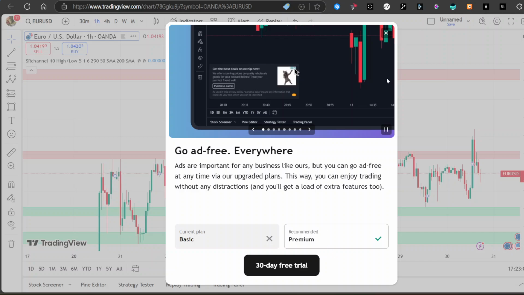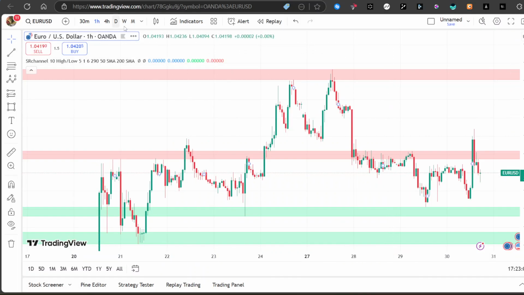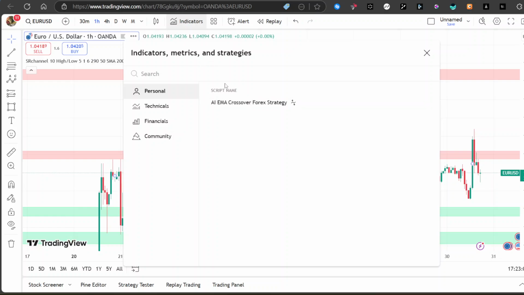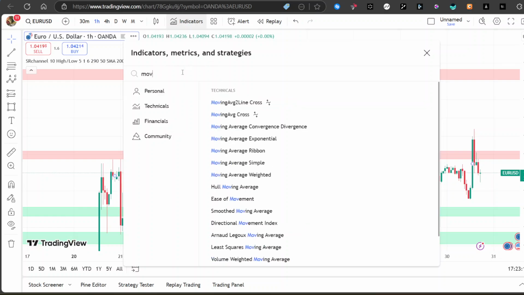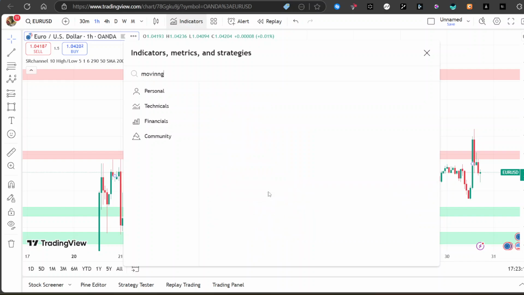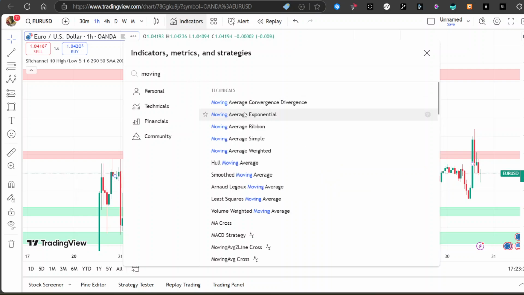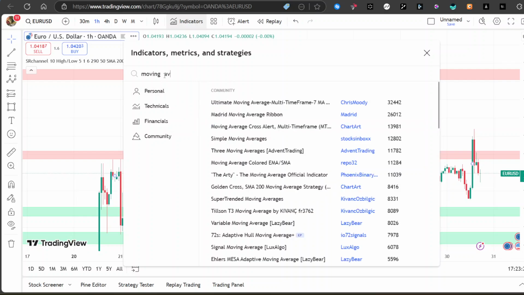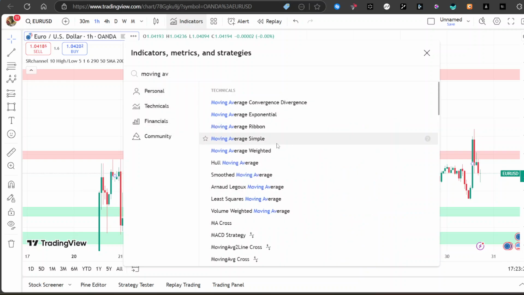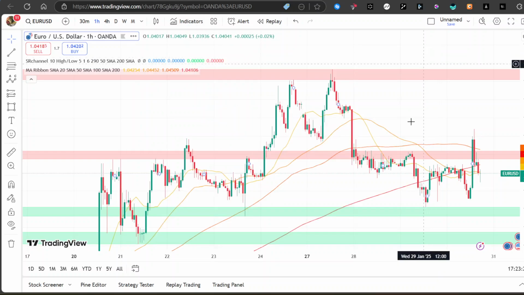For example, you can decide to use the moving averages just for confirmation. I'm just going to add a moving average to the chart.